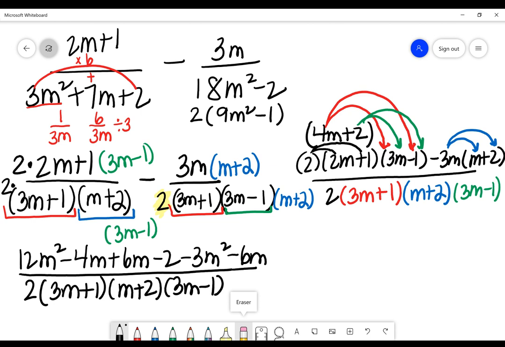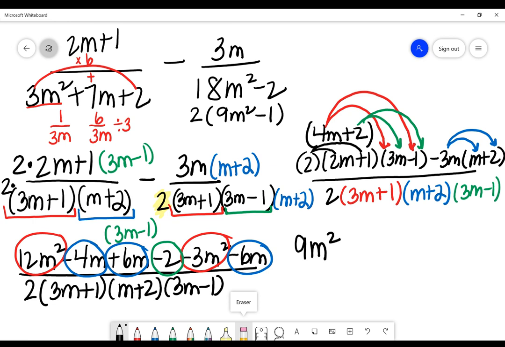Now all I have to do is combine like terms, which looks like there's a bunch of them. So I can combine my squared terms. I can combine all these m terms. And then I'm going to end up with just one singular constant term. So putting this all together, 12m squared minus 3m squared is 9m squared.